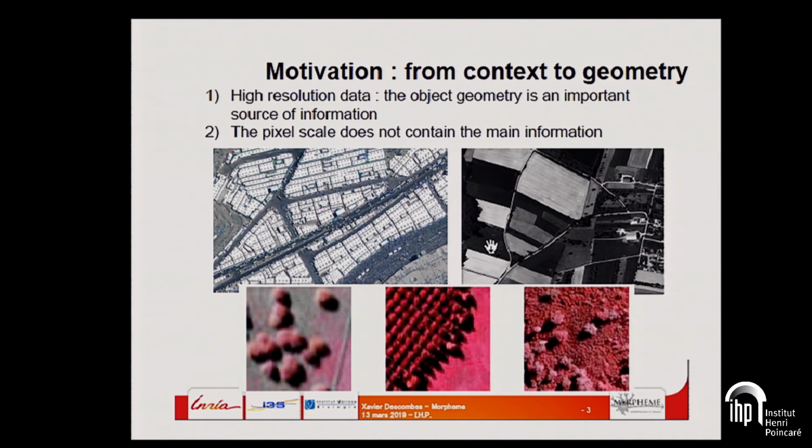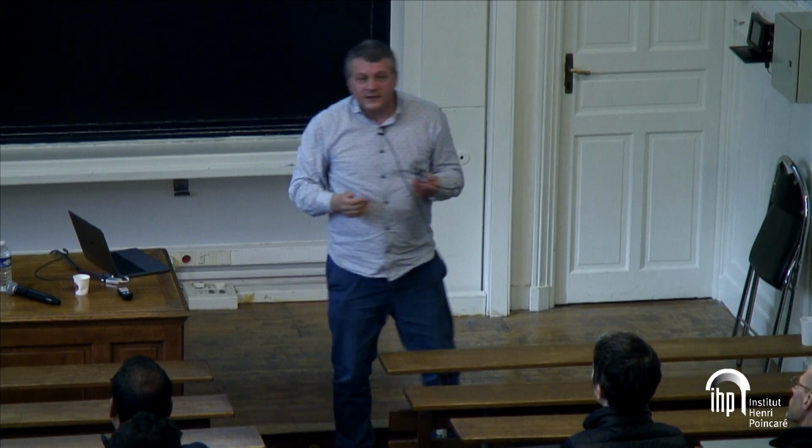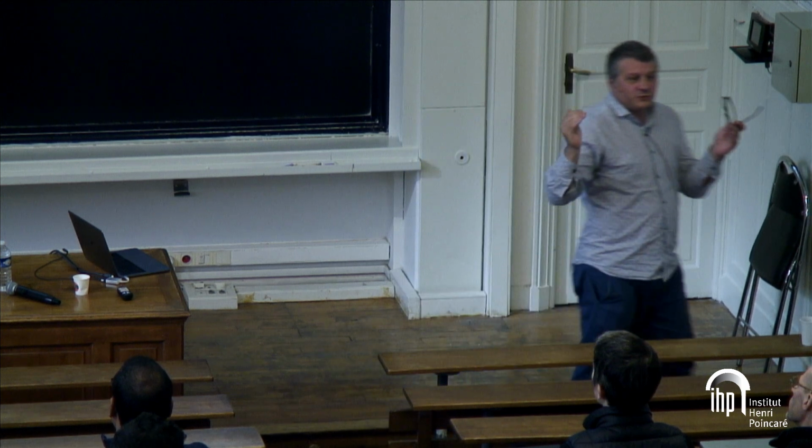But here, with this kind of very high resolution image, if you look in the middle, there is a big part of the road that you cannot see, just because it's a shadow due to the trees. So in this area, which is about 50 pixels long, the contextual information is not enough to describe the road. And of course, if I ask you to draw the road, I guess all of you will make the junction between the two parts.